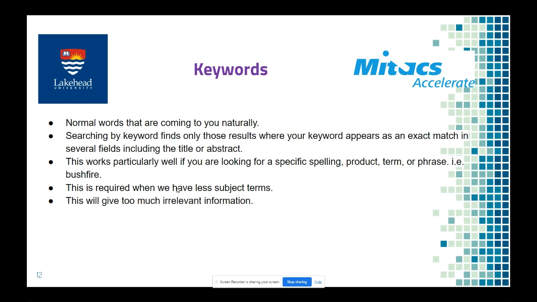For example, if we consider child patient, it will give all the research about any patient who is a child. So we have to make sure the MeSH keyword is also there, so that it will filter out those records.